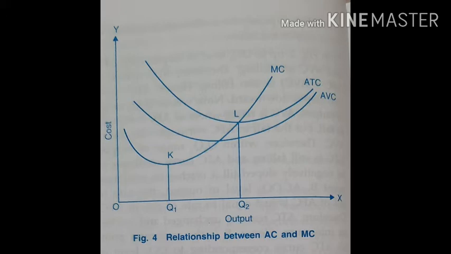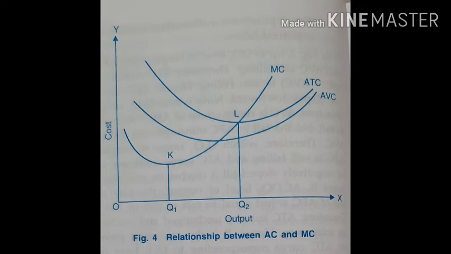Before OQ2 the marginal cost is less than average cost, so average cost falls with increase in output. To refer to the diagram, as long as the marginal cost curve lies below the average total cost curve up to OQ2 amount of output, the ATC curve slopes downward.